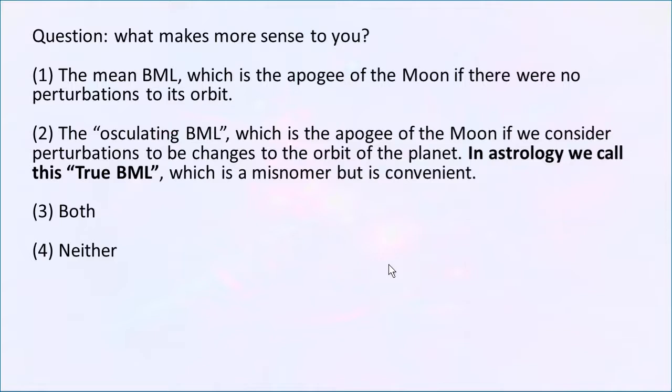So in astrology, we call it the True Black Moon Lilith. It's actually a misnomer. We should not call it the True Black Moon Lilith. The real name of Black Moon Lilith is the Osculating Black Moon Lilith. Osculating means the Black Moon Lilith based on the orbit that has removed all perturbations.